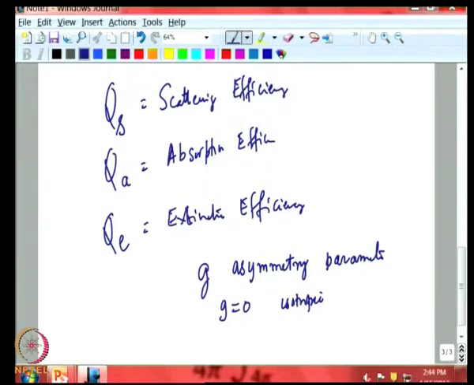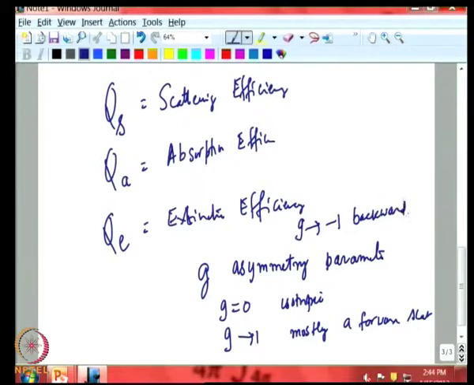If G tends towards 1, it implies mostly a forward scattering situation, while G tending to minus 1 will indicate mostly backward scattering.